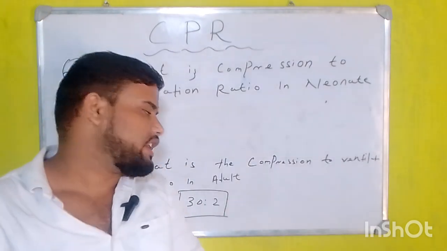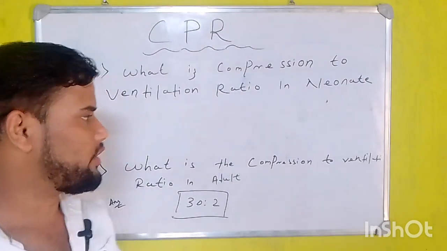What is the compression to ventilation ratio in adult? That is 30:2.